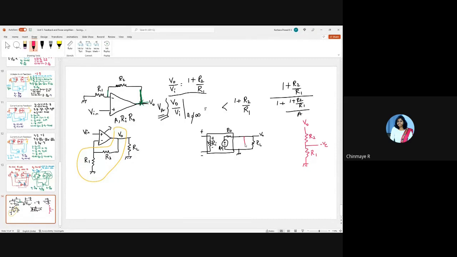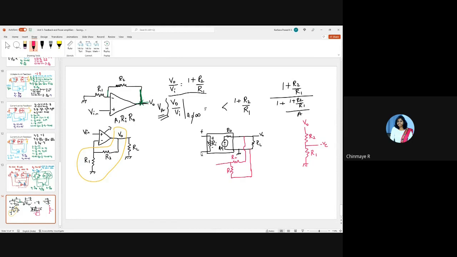So now, how do we represent that voltage divider here? So we have a circuit here. We are taking this output voltage, the entire output voltage. So we have a resistor R2 here, and we have a resistor R1 here, right? R1 is grounded. And whatever voltage is across R1, we are feeding it back.